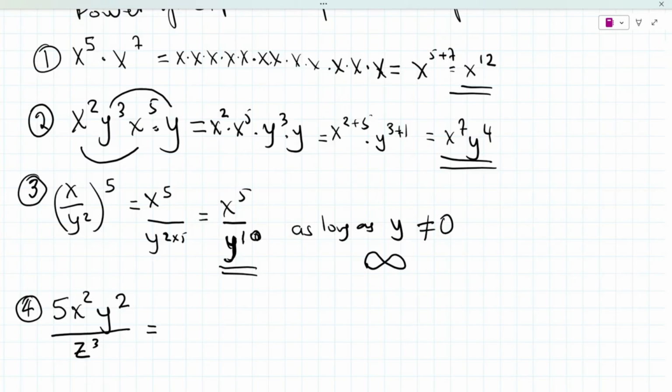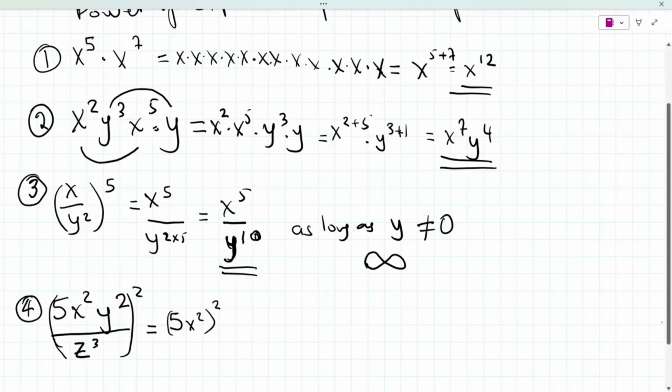So, this becomes 5x squared. Oops, this one was supposed to be to the power 2.